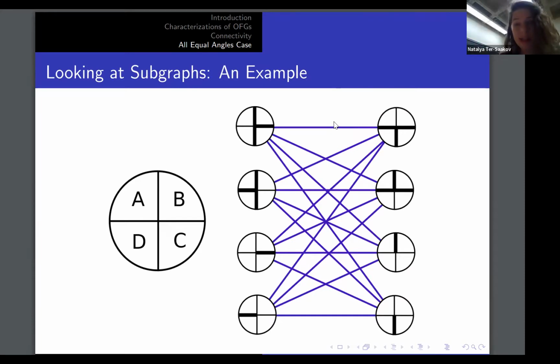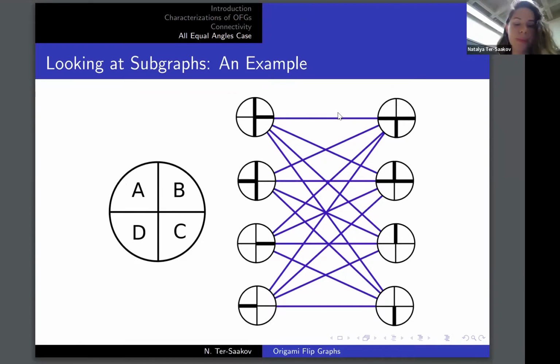There are also tons of cases in between the all equal angles case and the smallest case that haven't been fully explored. We have not much information about this. There are also many questions that you can ask about the all equal angles case. For example, how many Hamiltonian cycles does it contain? Any, many, etc. These are the things that we're continuing to think about with this question.